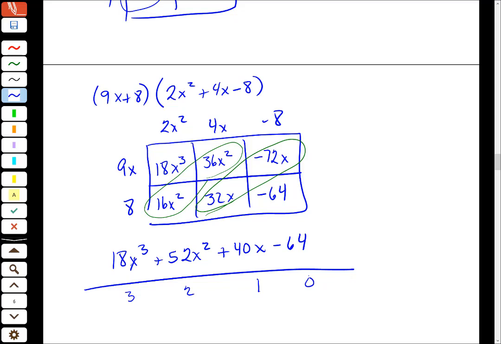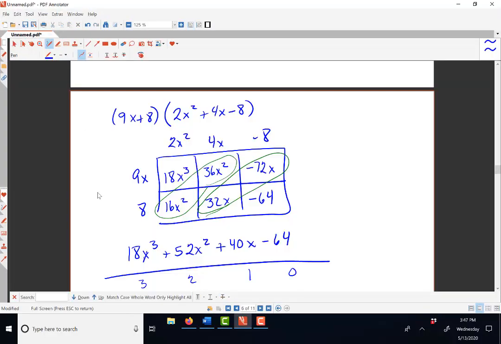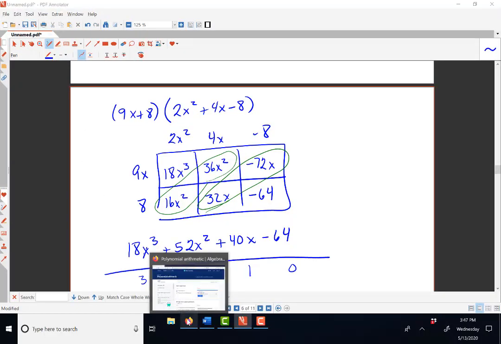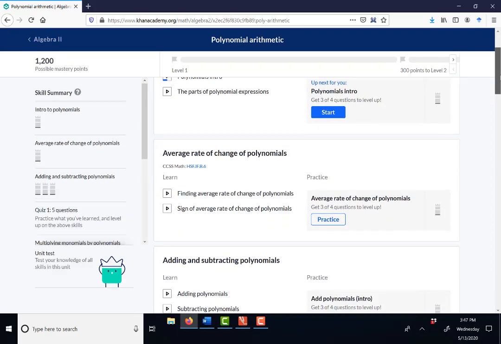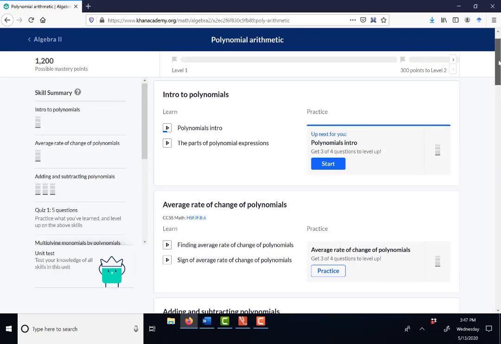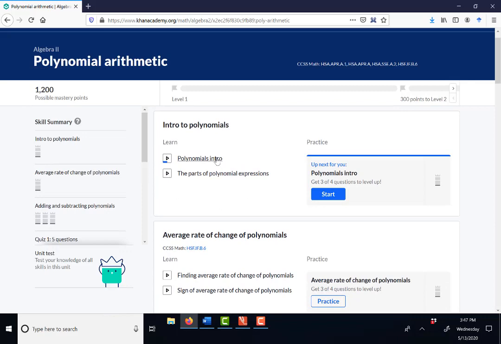Okay. So this is a very quick review of polynomials, and I wanted to also mention, I'm going to post this link to a Khan Academy module that goes into more depth on each of these. If you need more help or more examples, say an introduction to polynomials, there's that.